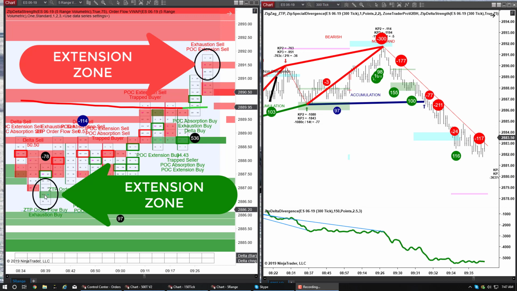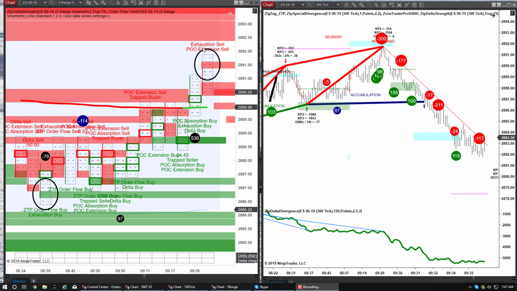So we see that down here, at the accumulation trade, we have that extension zone created one tick from the low, and at the high, where we have the no demand and the bearish divergence, we see that we have again created an extension zone one tick from the high.